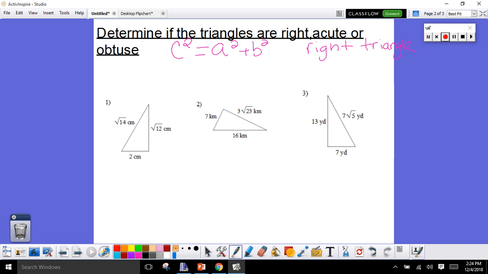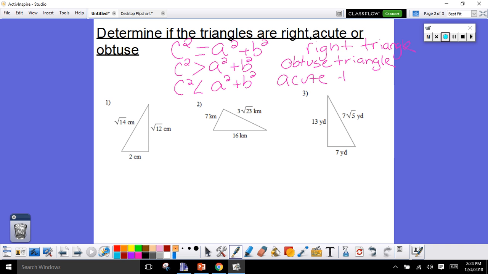If I have C squared is greater than A squared plus B squared, then I'm going to be forming an obtuse triangle. And the last rule says that if C squared is less than A squared plus B squared, I am going to be forming an acute triangle.